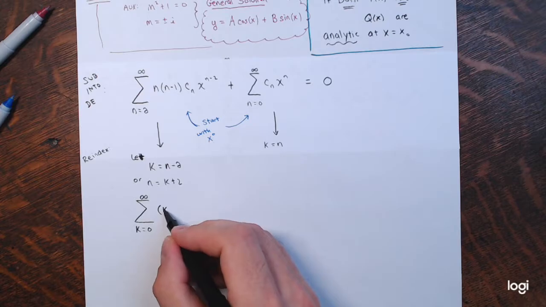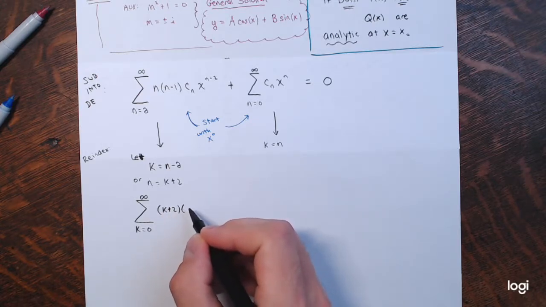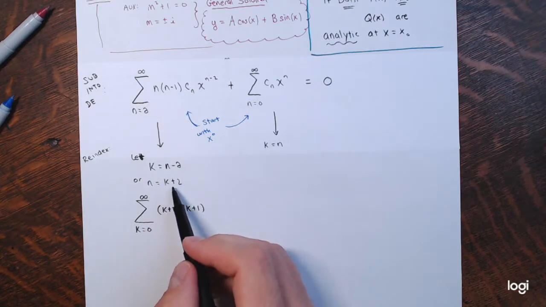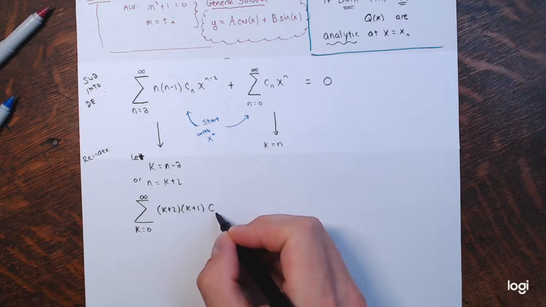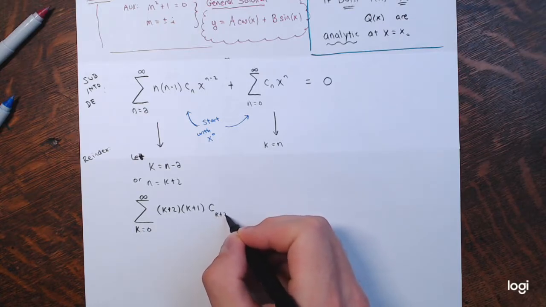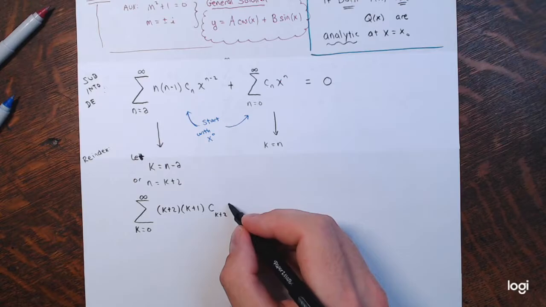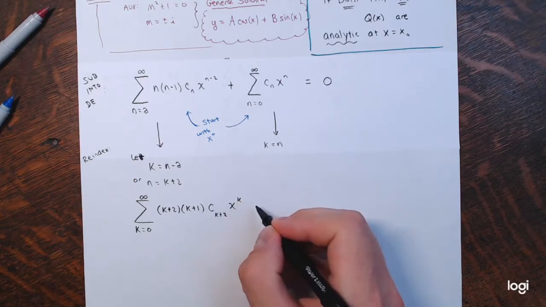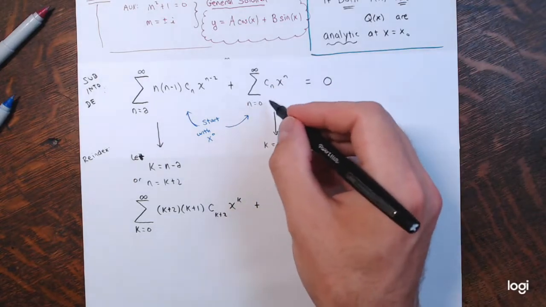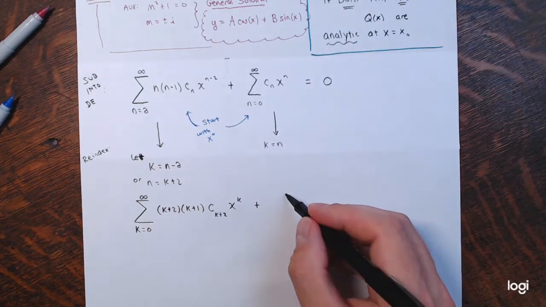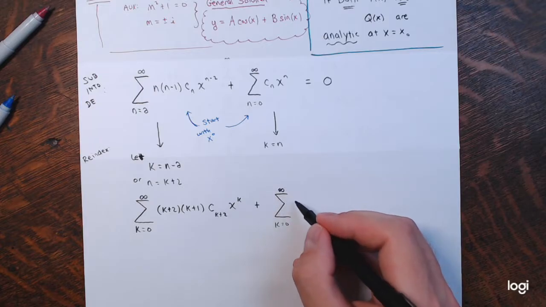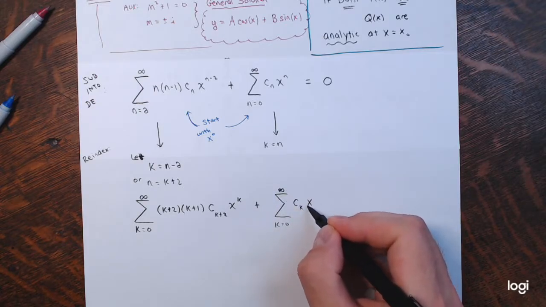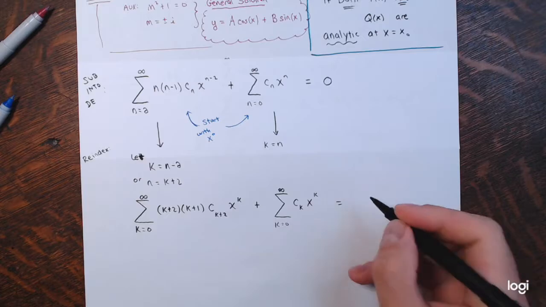So k plus 2 times k plus 1, that's the n times n minus 1, but replacing n with k plus 2, times c sub n, but that's c sub k plus 2 again, times x to the k. Then we have plus, and again just the second series replacing n's with k's. Sum from k equals 0 to infinity of c sub k times x to the k. And this should all be equal to 0.